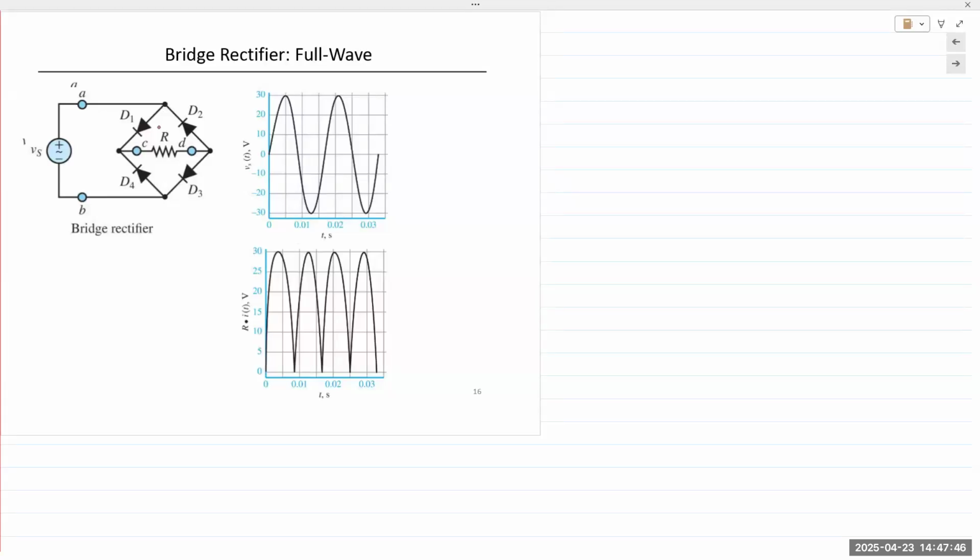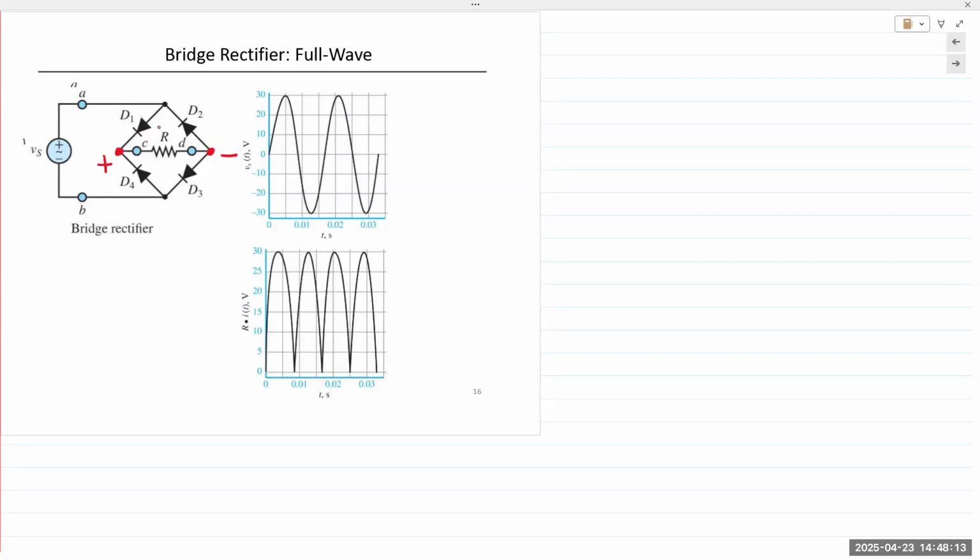The point where the two cathodes meet and the point where the two anodes meet is where the output is connected. The anode is the p-type material, the negative end of the output, and the cathode, the n-type material, is the positive end of the output. You will see why when we perform this analysis.